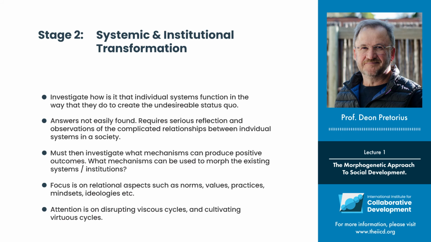All these things are the kind of relational things between people that take on a certain shape or form that justifies, reinforces, and contributes to making a certain societal arrangement possible.